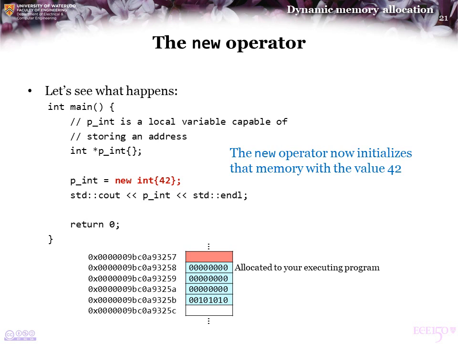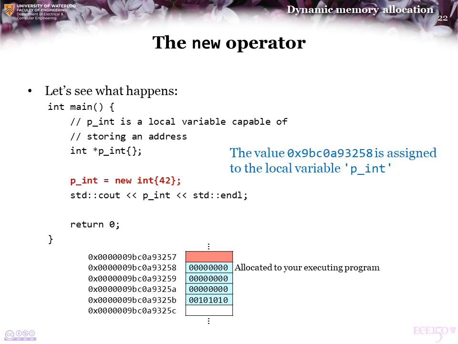The new operator now carries on and initializes that memory with the value 42, of course in binary. Now it may either be this or something else depending on whether or not it's little endian or big endian, but don't worry about it. Here we see that these 4 bytes have been initialized with the value 42.